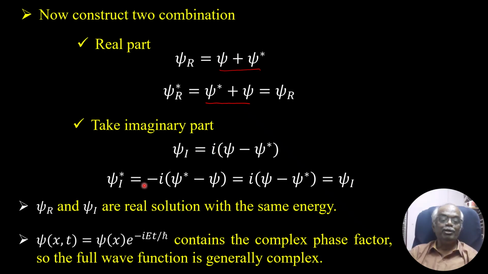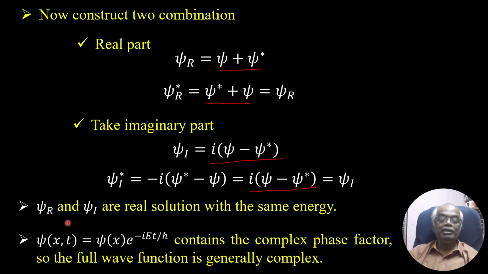This i will become minus i, ψ will become ψ*, and (ψ*)* is equal to ψ, so you get ψ* minus ψ. So you bring this minus inside the bracket. Then you will get i(ψ minus ψ*). So you can see this and this are equal. Both are the same. That is ψ_I* is equal to ψ_I.